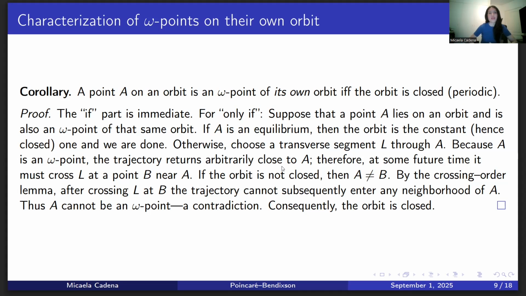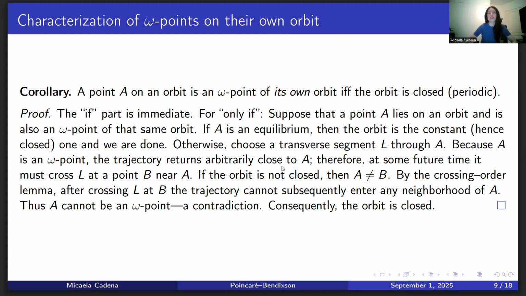For the only if part, we're going to suppose that a point A lies on an orbit and is also an omega limit set point of that same orbit. Then, if A is an equilibrium, the orbit would be the constant one, hence it would be closed because a set with a point is a closed set, and we are done.